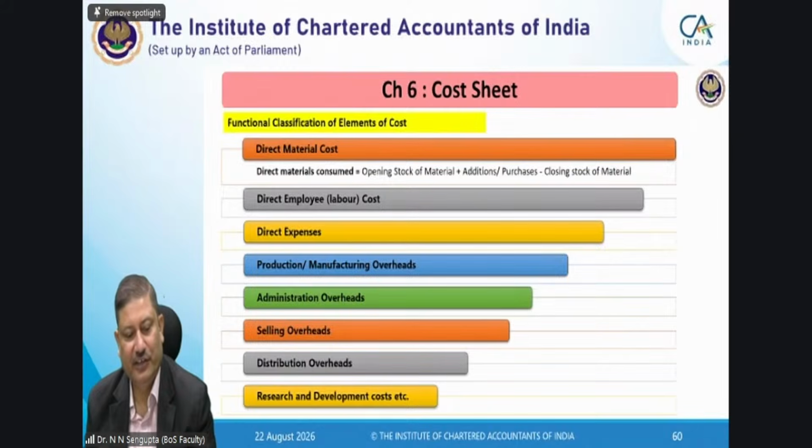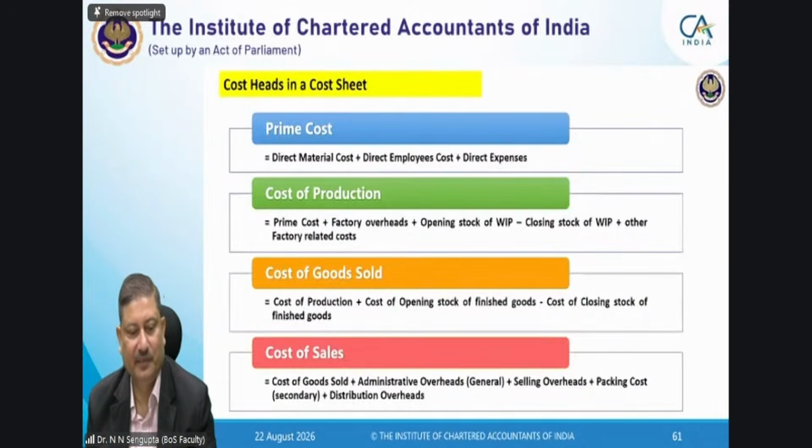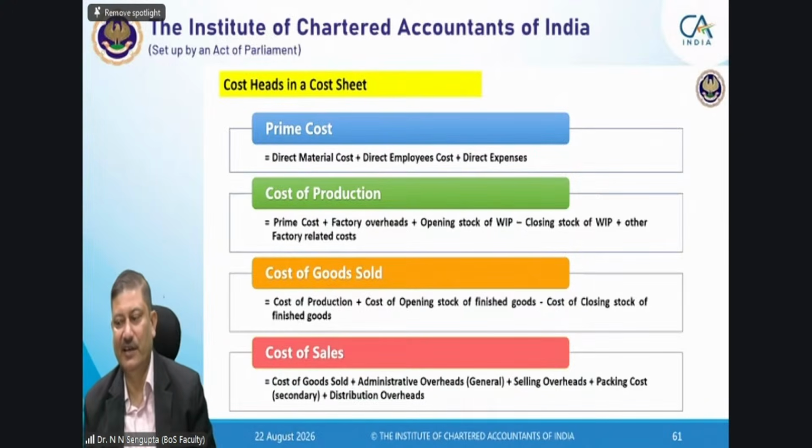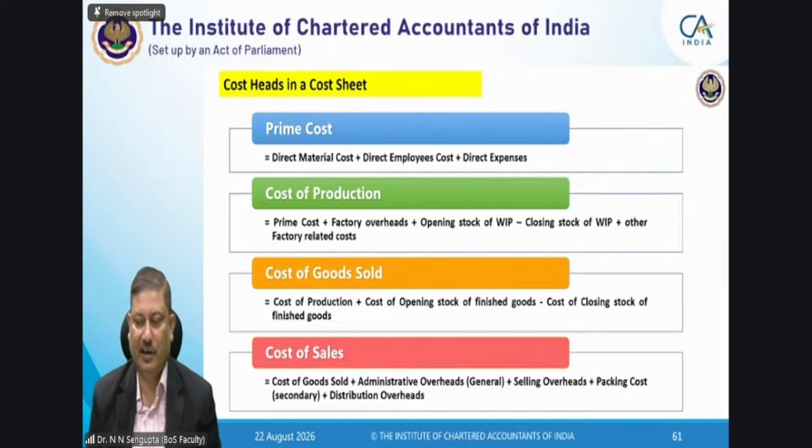Now the cost sheet, obviously the format is there. This is how we calculate prime cost. There was a numerical question we discussed in the first case scenario, so this is a classic example of how it is to be done. You can take a photograph of it.